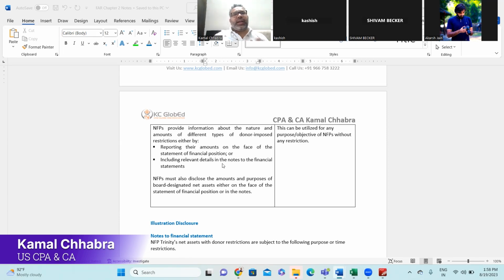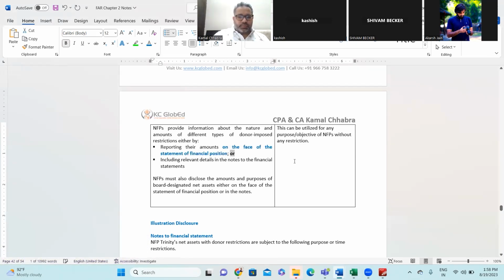You need to classify both of them separately. Either you can disclose on the face of the statement of financial position or in the notes to accounts. Either place, you mandatorily need to disclose. Make sense?